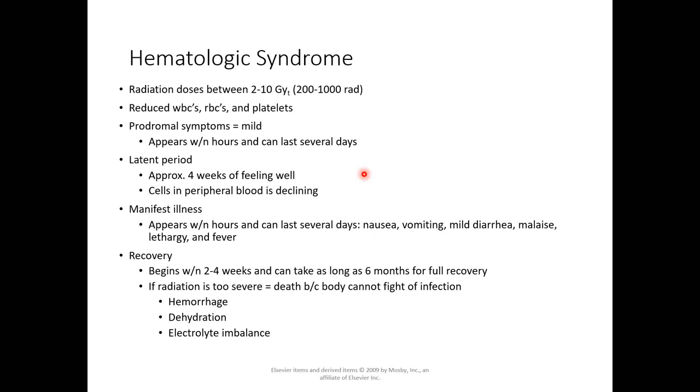You feel like, maybe I had a little virus and now I'm feeling better. During that time, though, your cells are still declining. So you're still undergoing the syndrome, but you're just not feeling it. And then once the manifest illness occurs, it can appear within hours and last for several days. You get that nausea, vomiting, diarrhea. You basically feel like you have a virus of some sort.